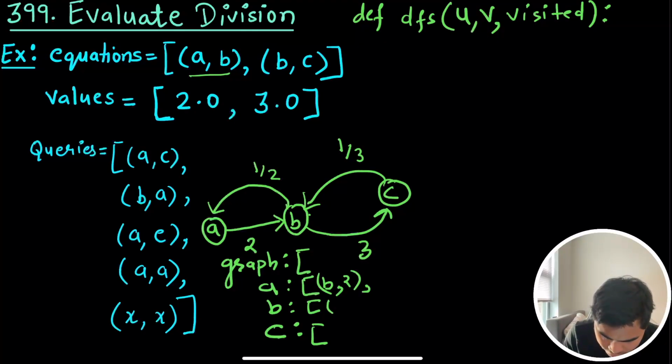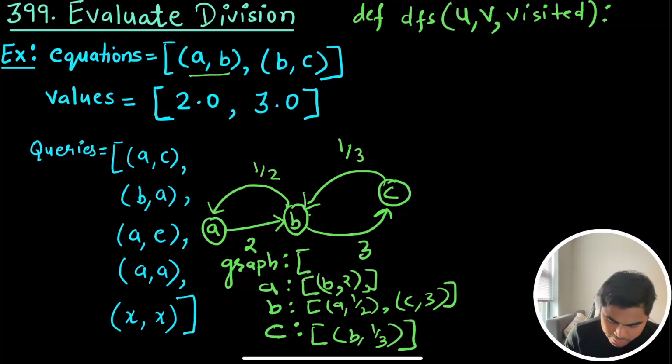So here I will store A, and I will store 1 by 2 as the weight. Then from B, there is a path to C, and the weight is 3. And the reciprocal of this would be, there is a path from C to B, and the weight is 1 by 3. So that is all. That is the entire graph, and I have written all of it.